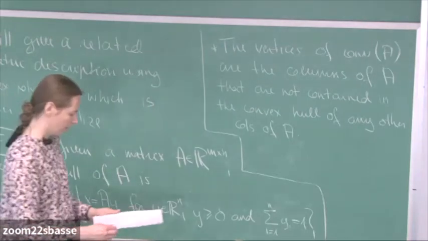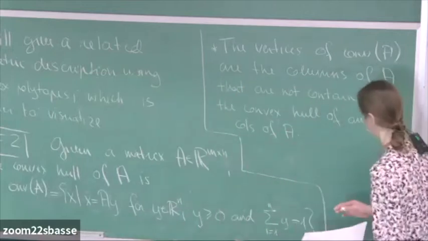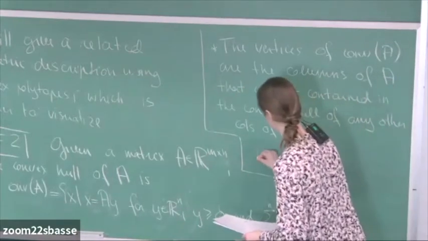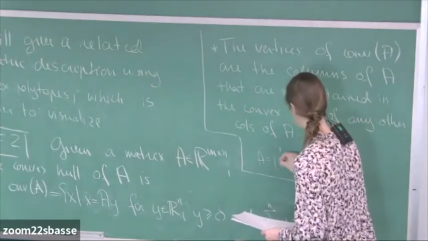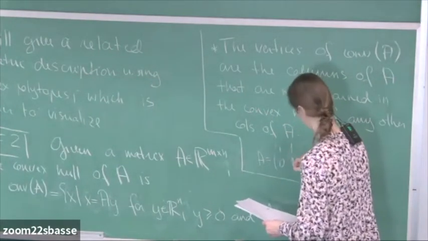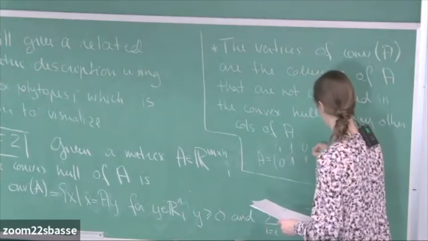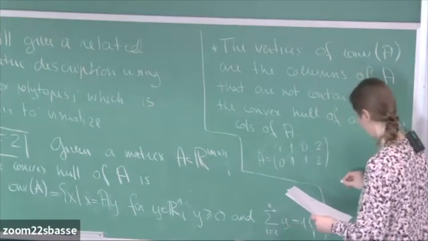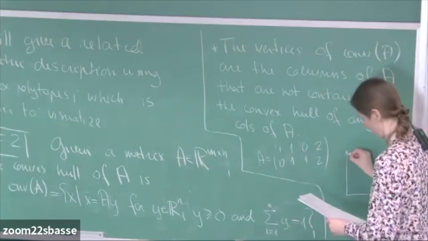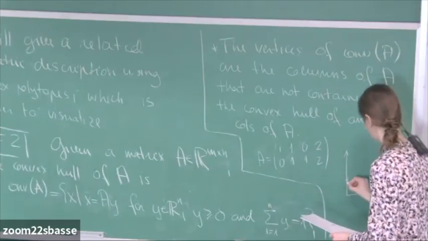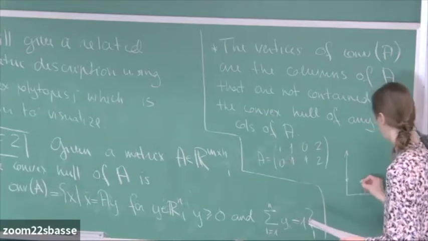Okay, so let's also quickly do an example. Let's consider this matrix: 1, 0, 1, 1 in the first row, and 0, 1, 2, 2 in the second. Then the convex hull of it is, so let's first mark the 4 columns.